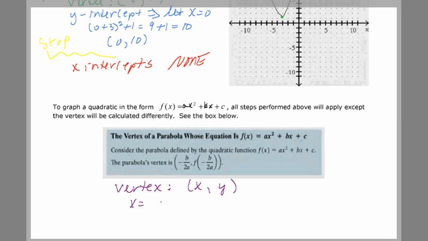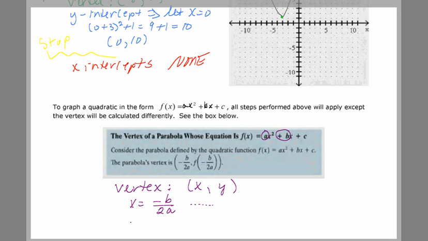The way the x value is found is we use this little formula, negative b over 2a, where the b comes from the middle coefficient, so we take the opposite of b and divide it by twice the first coefficient. So negative b over 2a will calculate the x-coordinate, so I would need to go through and do that arithmetic.